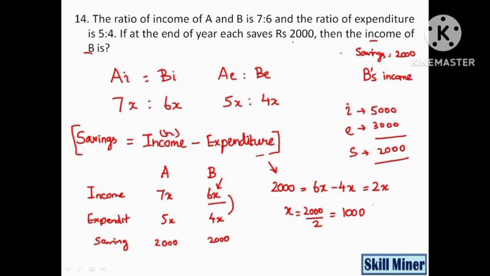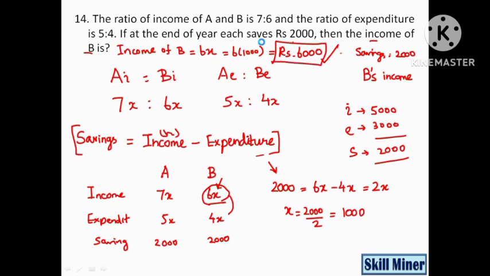So income of B will be 6x, which is equal to 6 into 1000, which is equal to rupees 6000. Rupees 6000 will be our answer. That is the income of B.